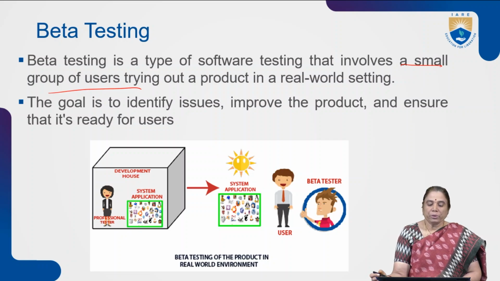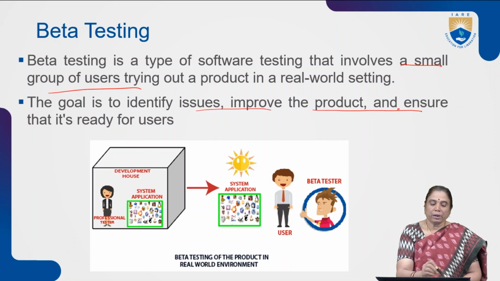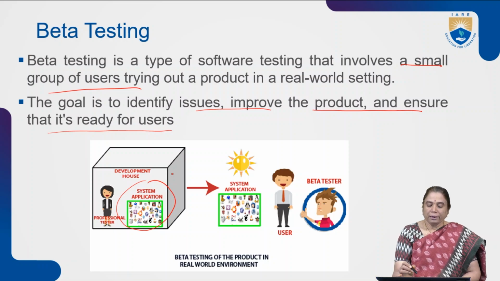The goal is to identify issues, improve the product and ensure it's ready for users. Here the application is developed, given to a group of users and deployed into a real world scenario for usage by multiple user groups.